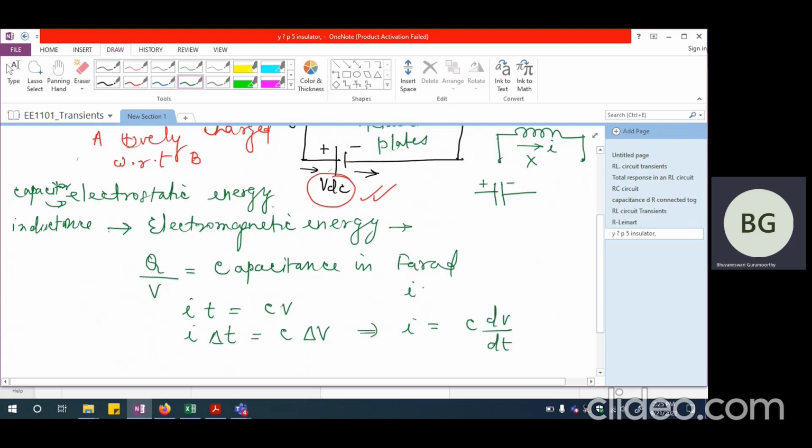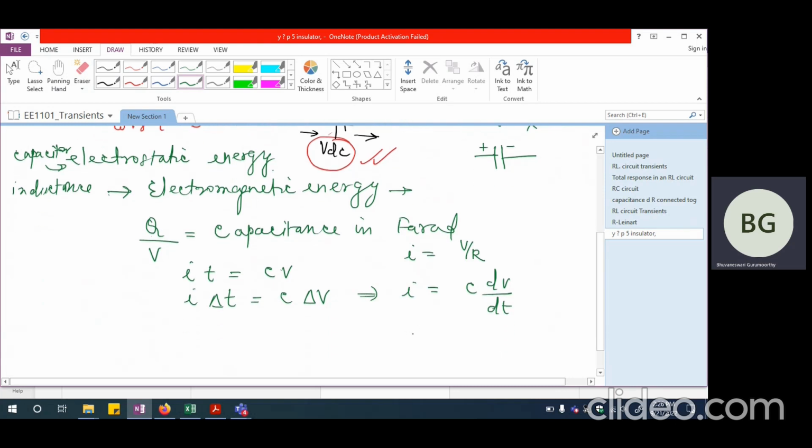Please remember, in the case of resistance, it was I equal to V divided by R. It is in direct proportion to the voltage. Whereas here, the current depends upon the rate of change in the voltage. The same way, if I look at the inductance, its voltage depends upon the rate of change in the current.